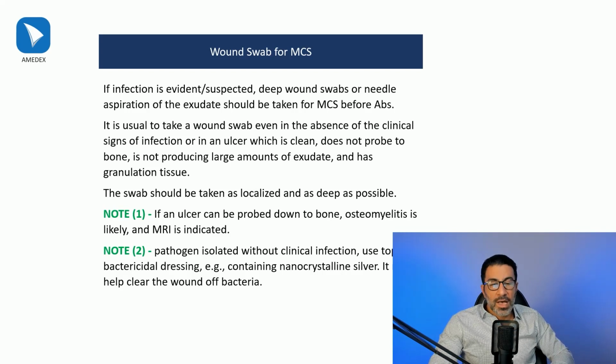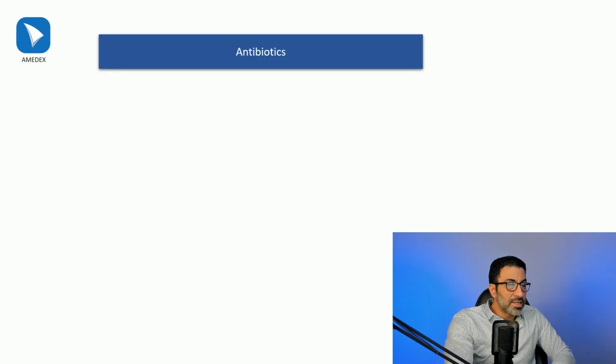So again, I'm going to repeat that again and again: debridement, wound swab for microscopy, culture, and sensitivity. Next part is antibiotics if indicated.